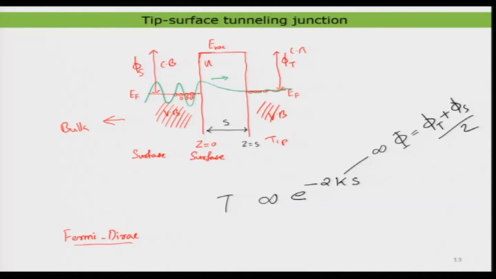If you increase the distance to more than 10 nanometer or something like that, the tunneling current itself, because tunneling probability defines the tunneling current, is going to be extremely small, and we will not be able to detect it, because a typical tunneling current is in the order of about 10 raised to minus 15 ampere to 10 raised to minus 9 ampere. So, this is some kind of a femtoampere to nanoampere. This is extremely tiny.